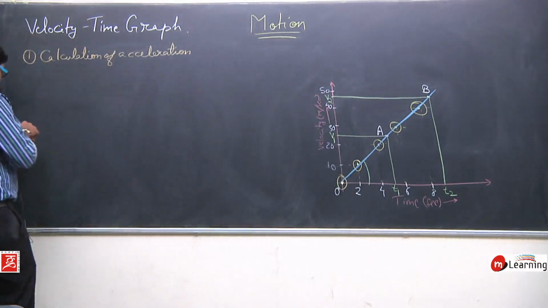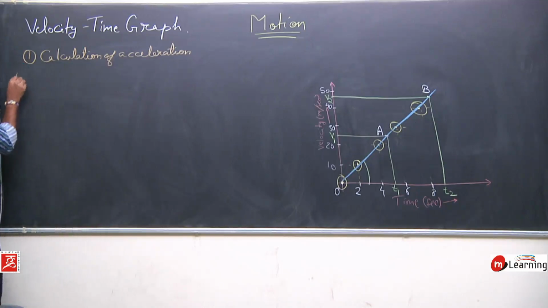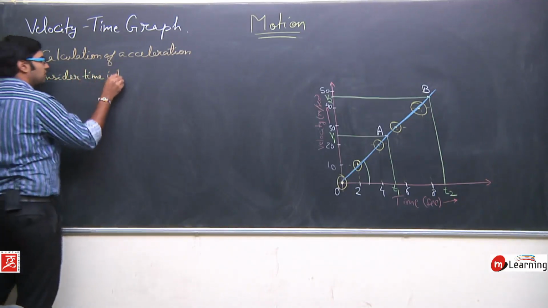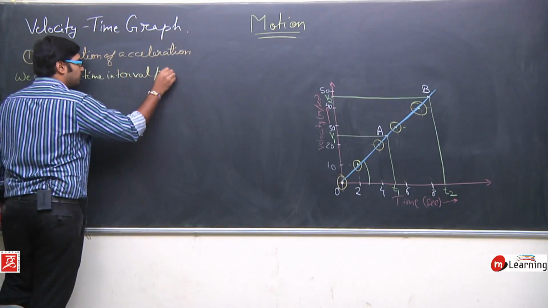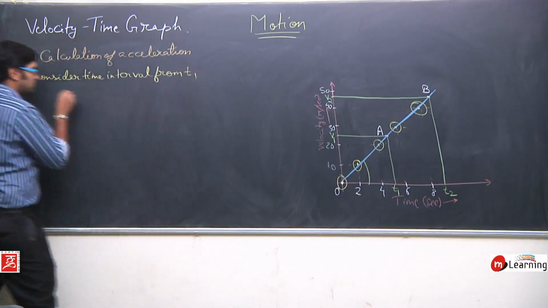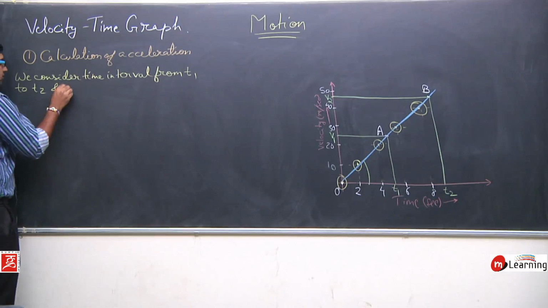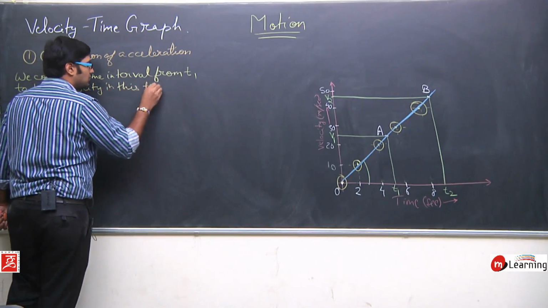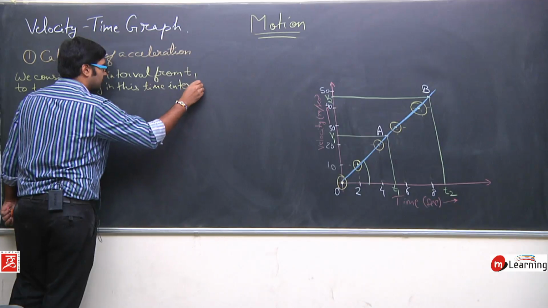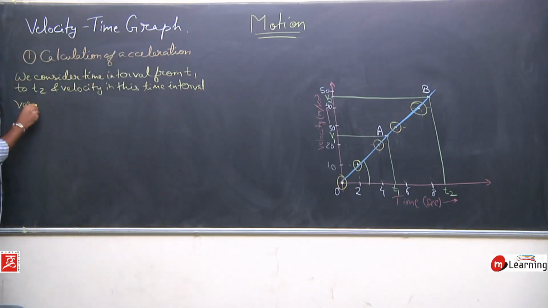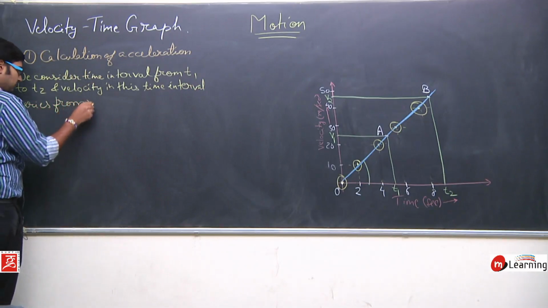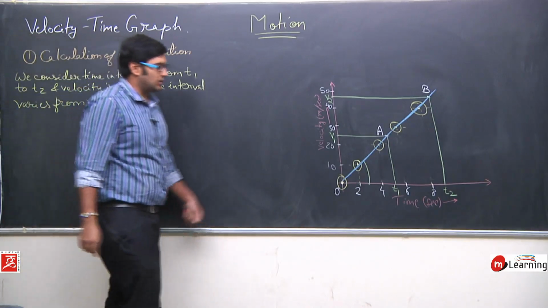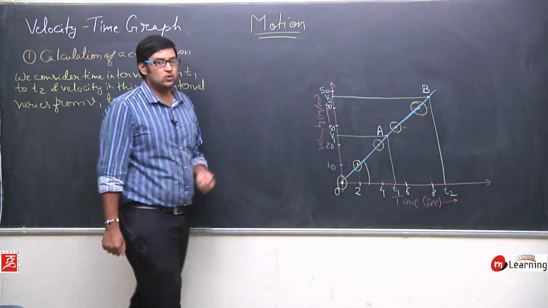So what I will say here is, we consider the time interval from t1 to t2 and the velocity in this time interval varies from v1 to v2.